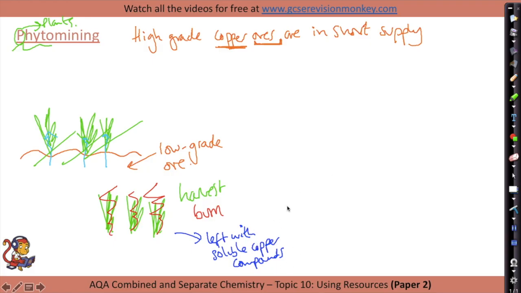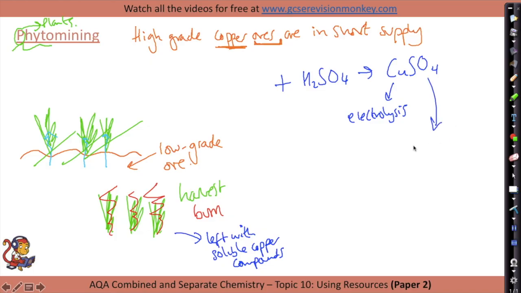Now there's a couple of things that you could do. You could, for example, add sulfuric acid to make copper sulfate, and then you could do electrolysis, or you could do displacement with scrap iron, so another way that you could recycle iron. In electrolysis, that will obviously involve a little bit of energy to extract the copper.